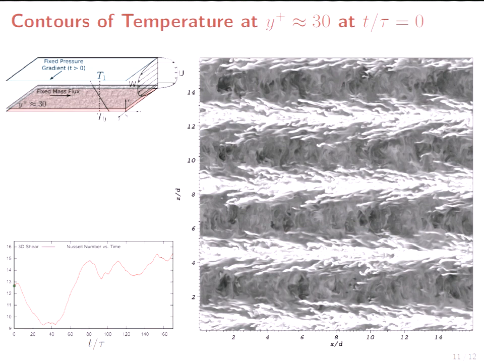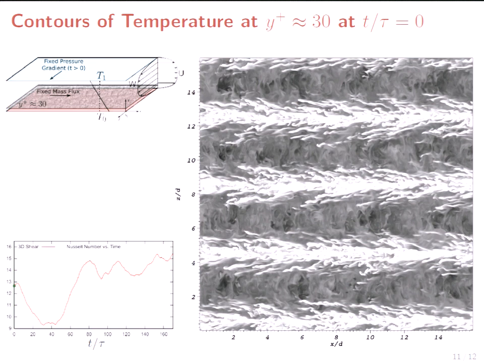Again, at time t equals 0, I'm going to apply this impulsively applied pressure gradient and see how the flow develops under this condition. White here is the hot fluid, so these are the rising thermal plumes. This is a temperature plot, and the darker colors are the cooler plumes that are hitting the wall beneath here. And then down here is a plot of the Nusselt number, like I showed before, as a function of time.